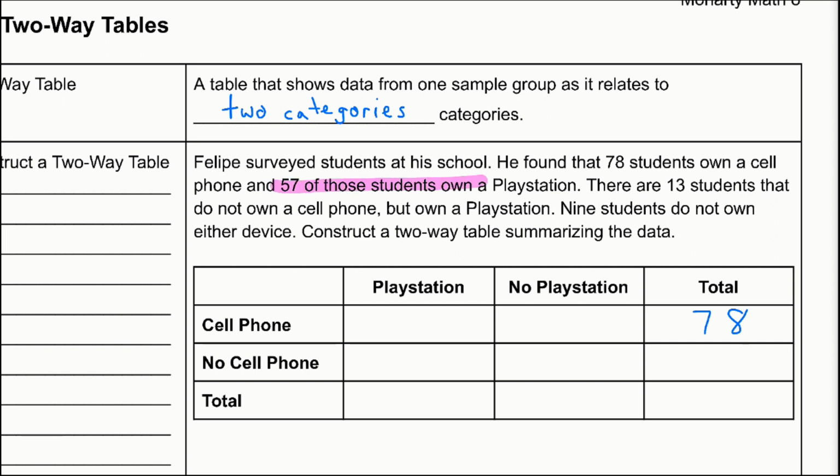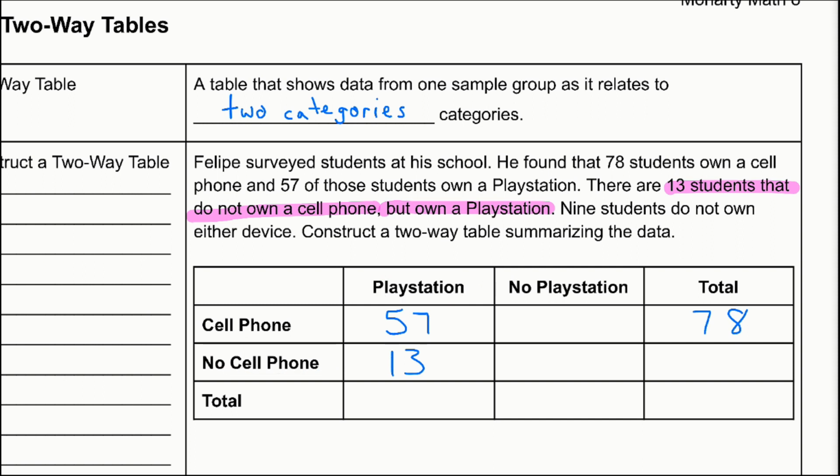So 57 of those students, which are the cell phone students, also own a PlayStation. Right? There are 13 students that do not own a cell phone, but they own a PlayStation. So this would be in the no cell phone category, but the PlayStation category. There are 13 of those students.